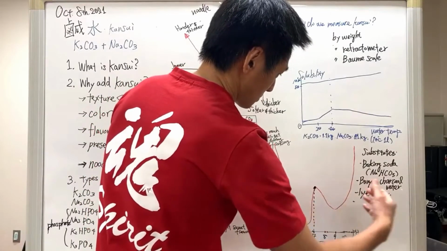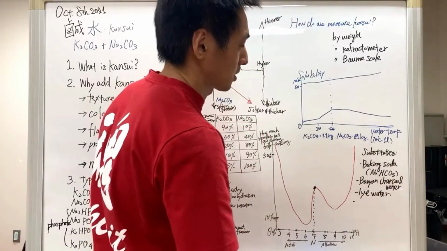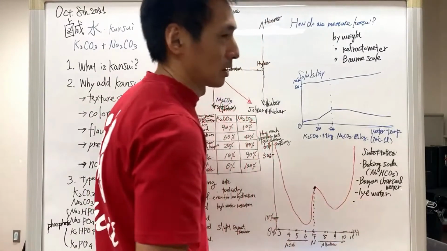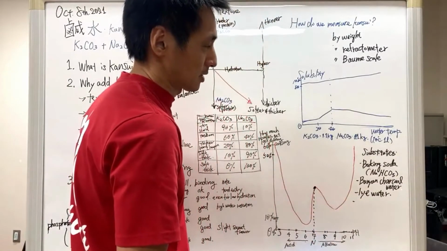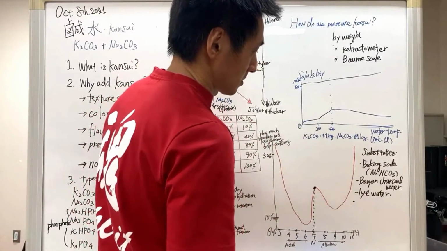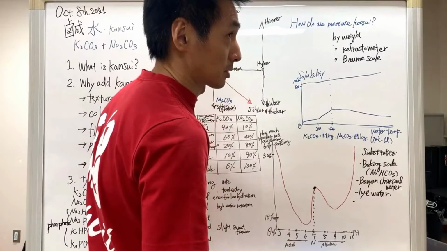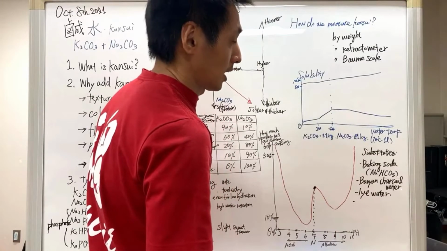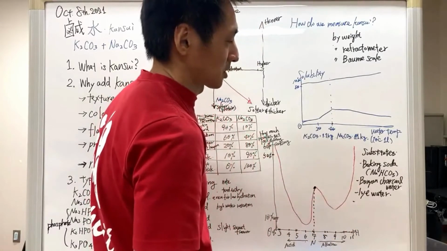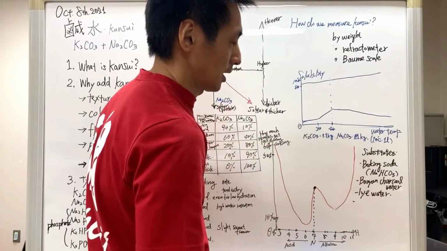And if you know some Chinese grocery store, the chances are they carry this light water, a kind of liquid version of Kansui. And some regions, like Okinawa prefecture in Japan, used to make a type of Kansui using banyan tree charcoal.